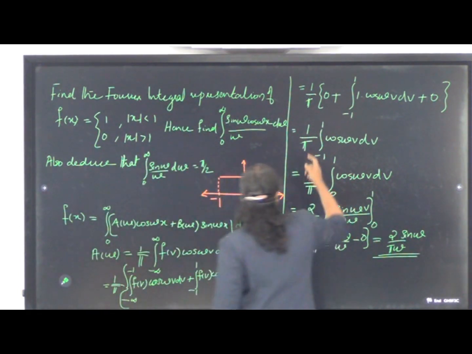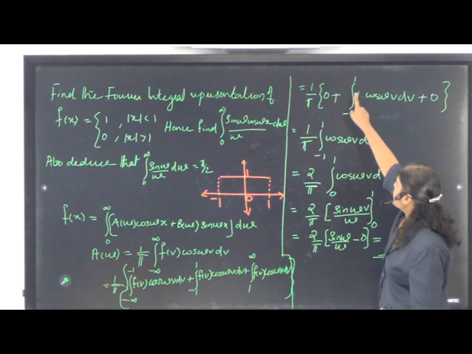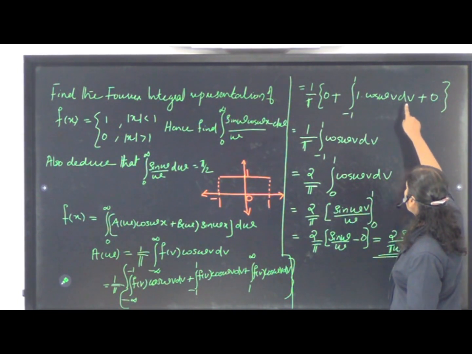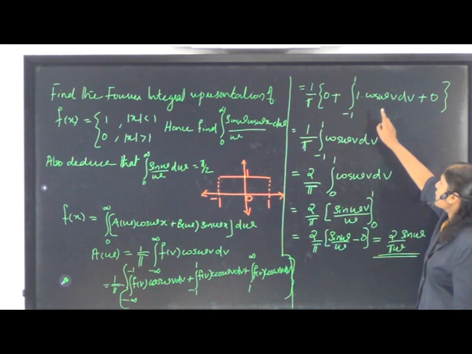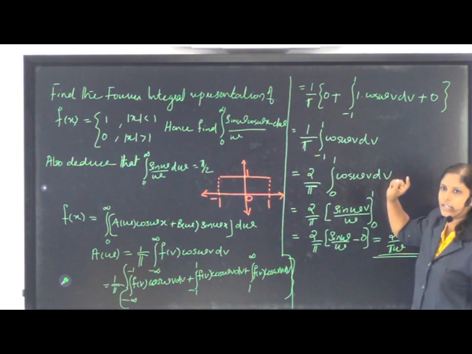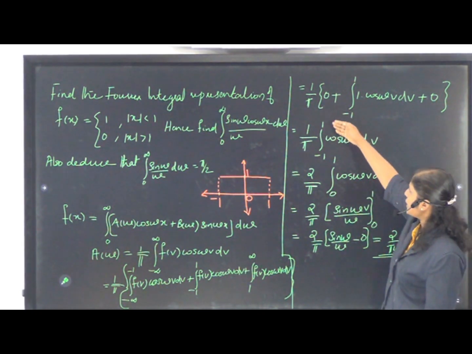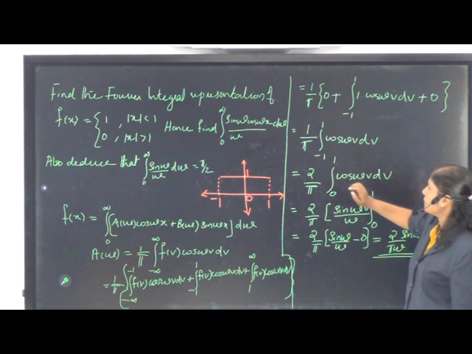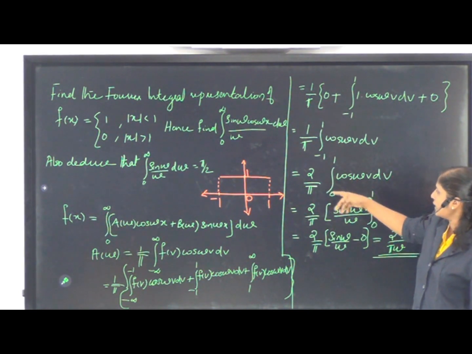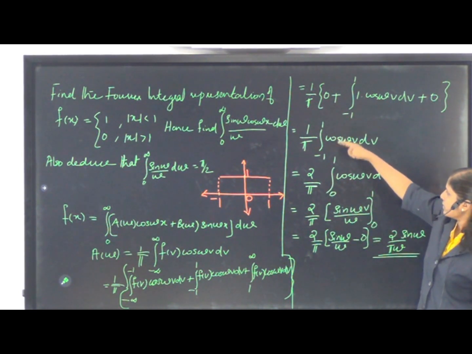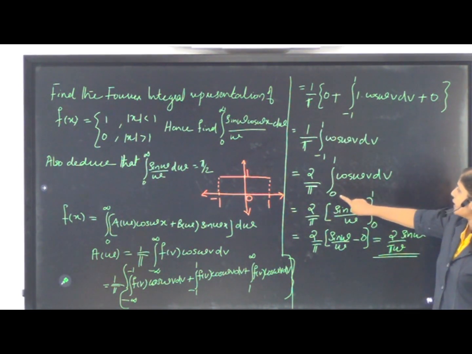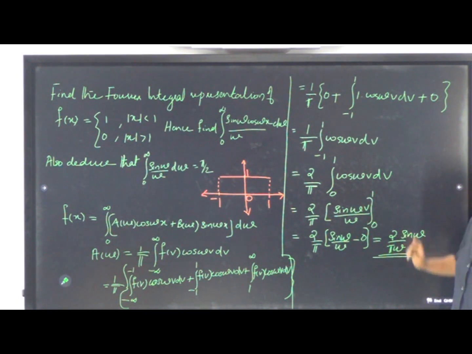So this becomes 1 by pi integral minus 1 to plus 1, f of v is 1 in this interval, cos omega v dv. Now we integrate with respect to v. And we know the function cos omega v is an even function. Integral minus a to plus a of an even function becomes 2 times integral 0 to a of the function. So 2 by pi, integral minus 1 to 1 becomes 2 times integral 0 to 1 cos omega v dv.